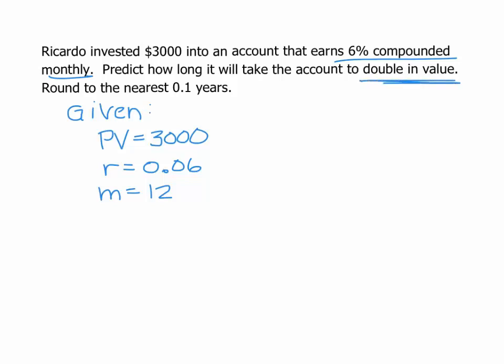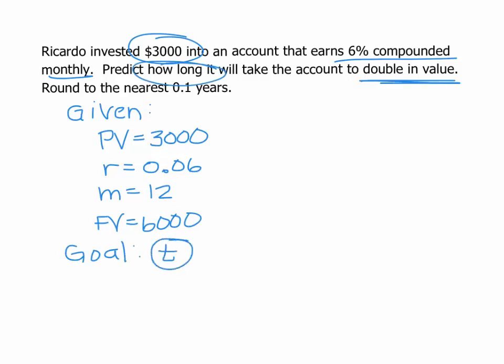So if we start out with $3,000 and it doubles in value, that means our future value is going to be $6,000. And my goal is to predict how long. So we want to know how long, or how many years, our time it'll take us.